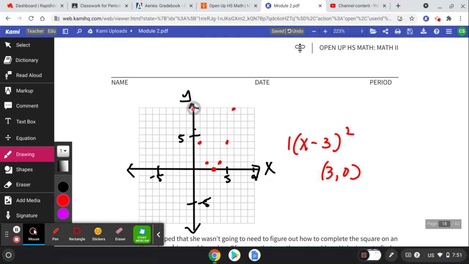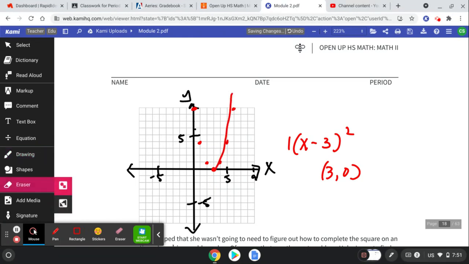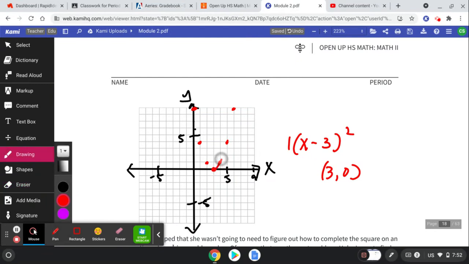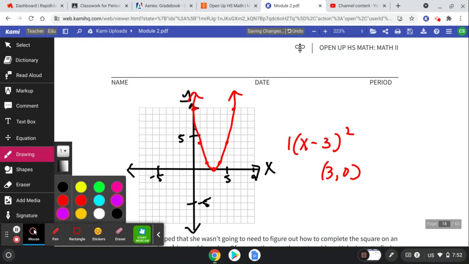And out 3, up 9. Connect your parabola. And then draw in that line of symmetry, straight down with the equation x equals 3.